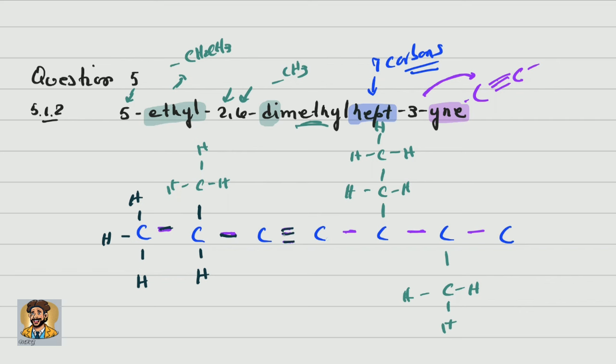And the fourth carbon has 1, 2, 3 and 4. This one has 1, 2, 3 and 4. And the last one has 1, 2, 3 and 4. Guys, this is the structural formula. It doesn't matter if you place it on top or at the bottom, as long as it is in this specific way. Well, this is the structural formula, and I hope you understand.